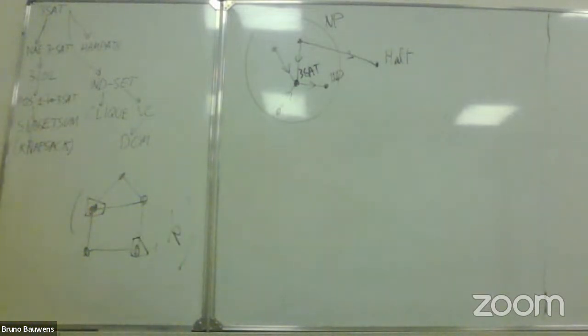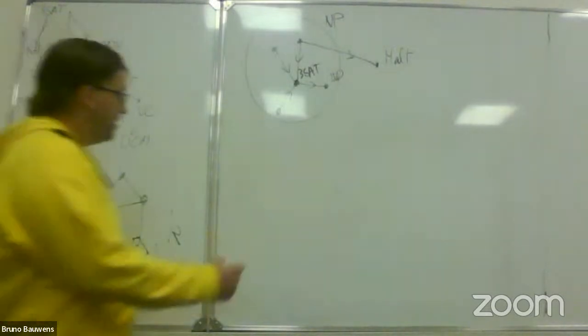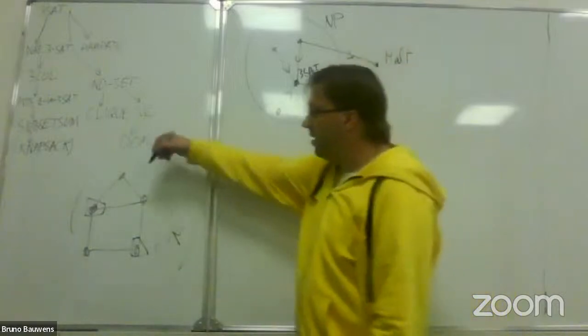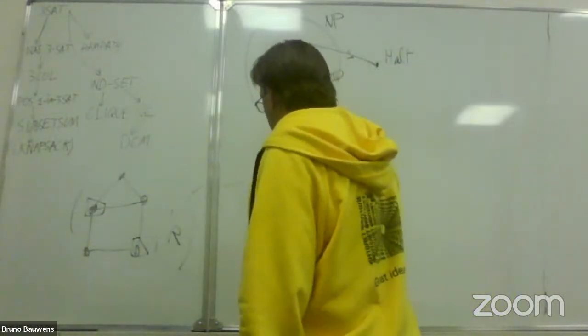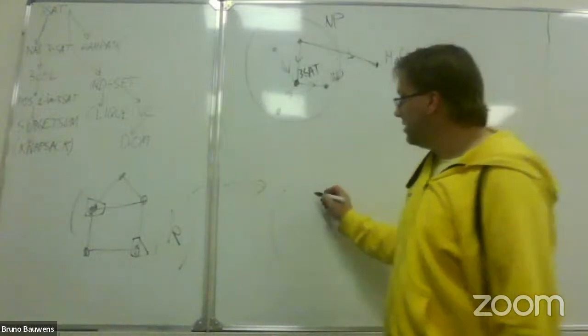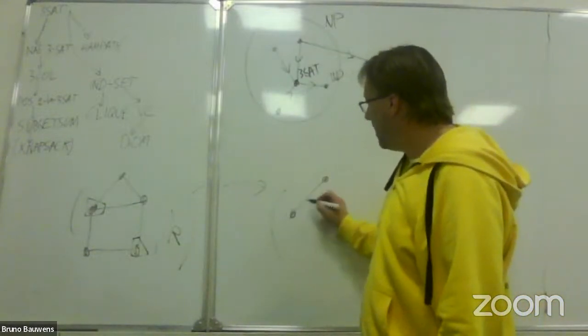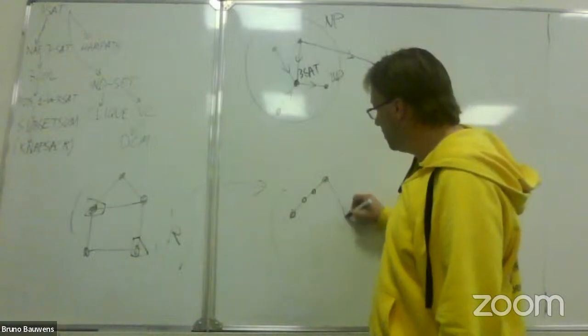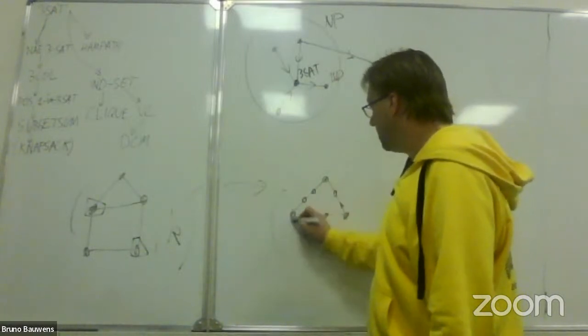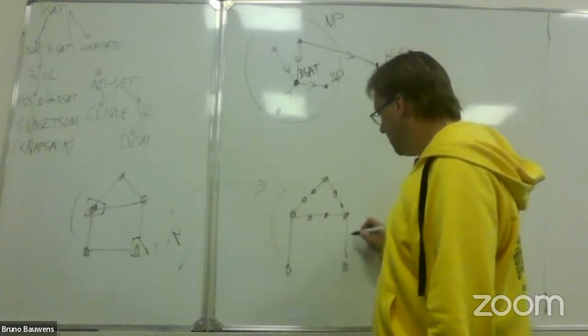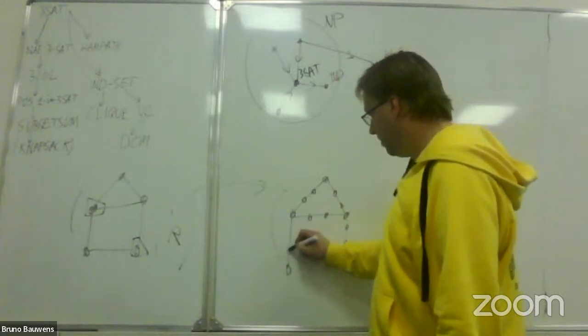Then I said, let's make a reduction from the vertex cover problem to the dominating set problem. For this reduction, I said let's insert 2 nodes in every edge. This was almost correct, but my proof had a mistake.